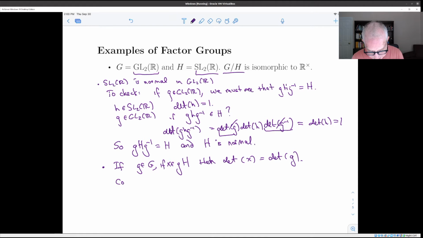And conversely, suppose you have x in G and its determinant is equal to the determinant of g.